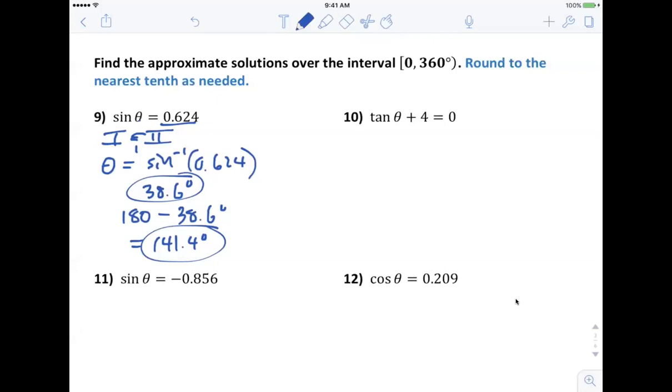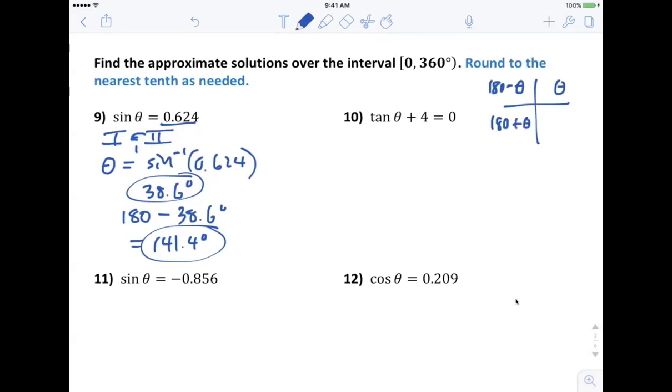If it helps, maybe over here in the corner: if you know your angle theta, which is your reference angle, or a quadrant 1 solution, and you know you have a solution in quadrant 2, you're always going to do 180 minus that to get that quadrant 2 answer. If you know you have a solution in quadrant 3, you would do 180 plus that angle.